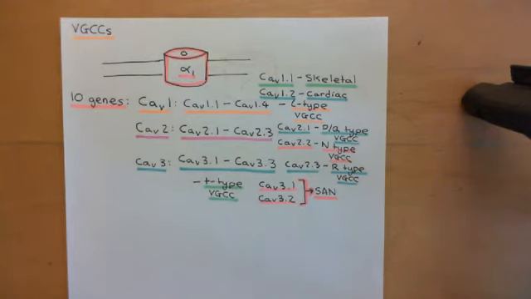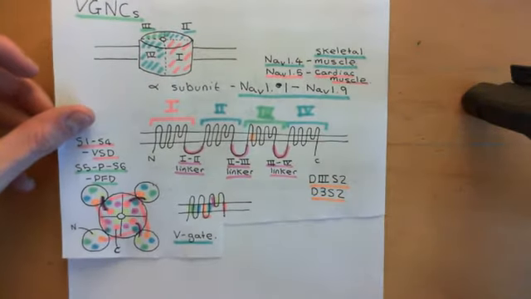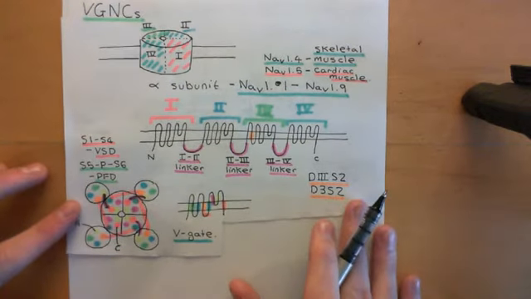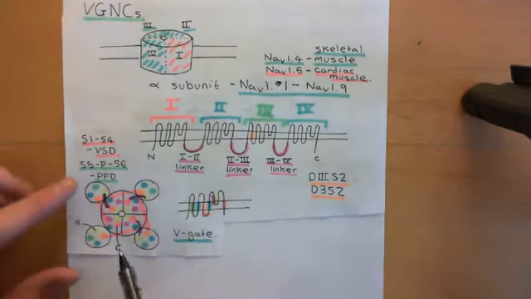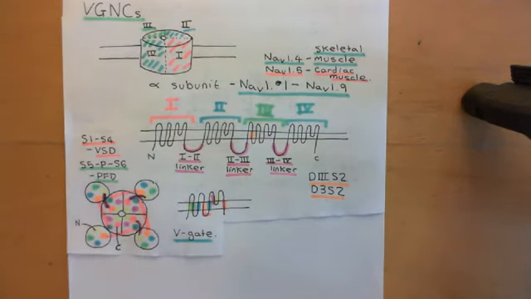The reason that the channel is closed in the resting state, when the electrical potential difference across the cell membrane is, let's say, negative 65 millivolts, is because the S6 helices, these ones in red here, are all converging to the centre at the intracellular aspect of the pore, hence closing off the internal portion of the pore so that no calcium ions can move through there.